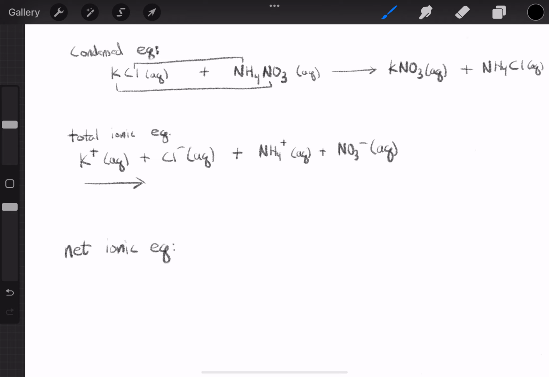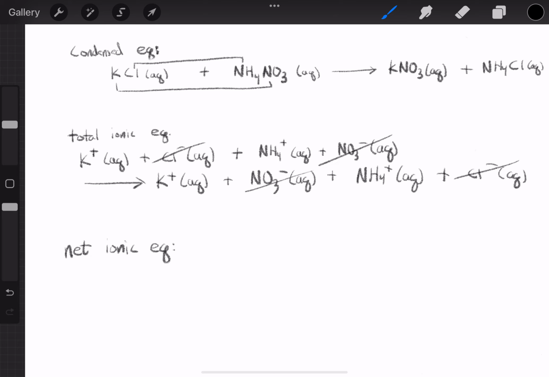So there's no precipitate, right? So let's just write these out here. In this particular case, we get a situation where every ion on both sides of the equation is a spectator ion. So chloride will cancel out, nitrate, ammonium, potassium.